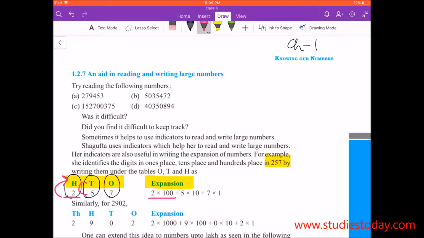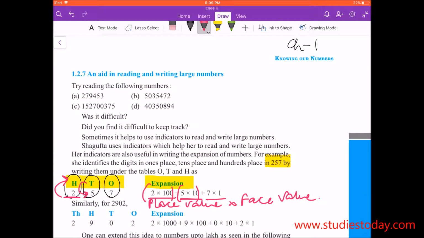Then again I multiply the place value with the face value and I get 5 into 10. And in the last I get ones place, which is taken by the digit 7. So I get 7 into 1. So basically the expanded form gives you the multiplication of the place value with the face value of the number.